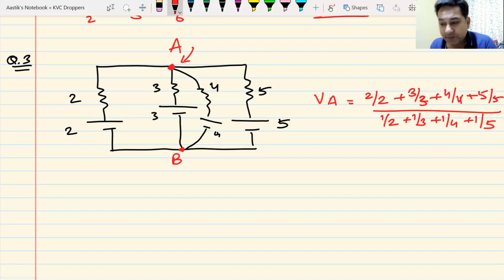Once you get the value of VA, you must be able to calculate the other unknowns. Yes or no? Anyone having any doubt, please raise. No doubt, sir. Okay.